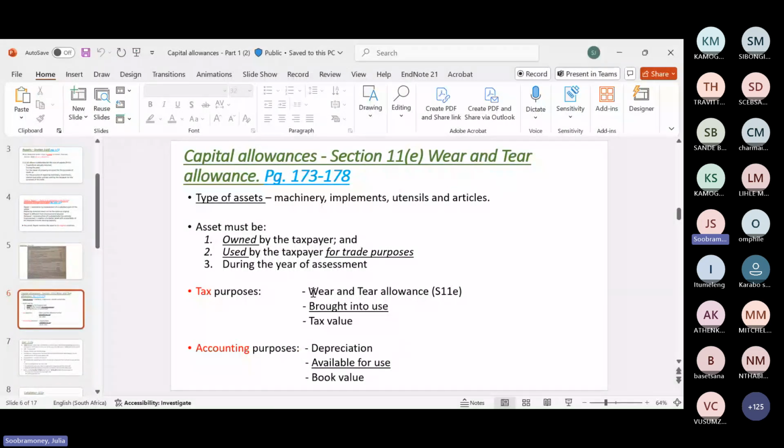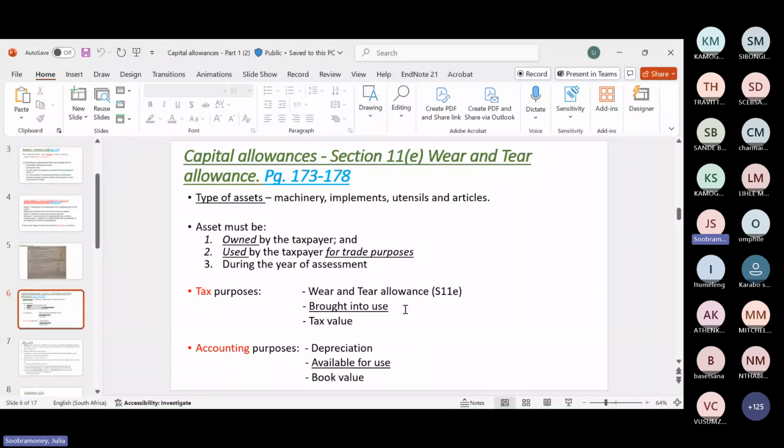Same thing. When do you start calculating depreciation in accountancy? When it becomes available for use. But when do we start calculating wear and tear in tax? Only when we bring it into use. That is a big difference between tax and accounting. We only start calculating allowances when we bring it into use.